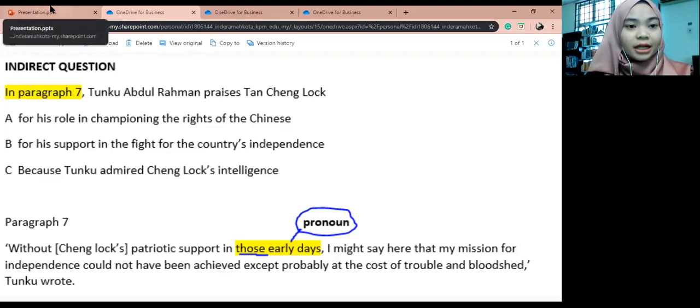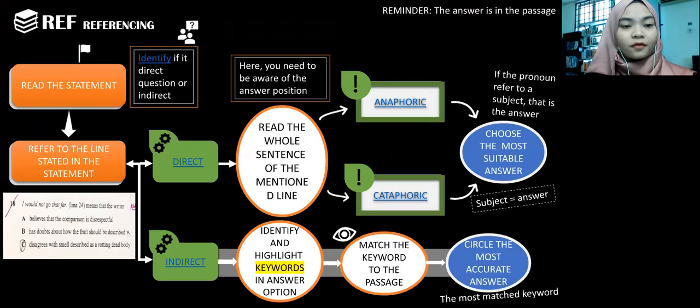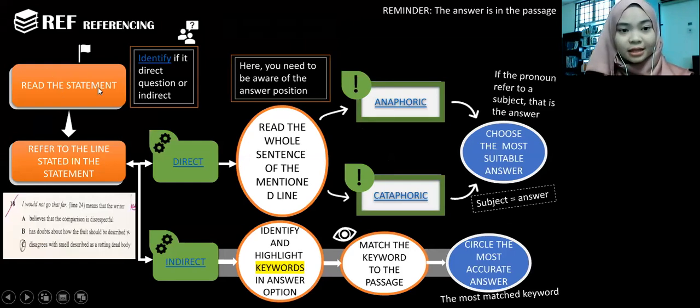Okay, let's move on to the SOP. First of all, the first and compulsory thing you need to do is to read the statement. Why?